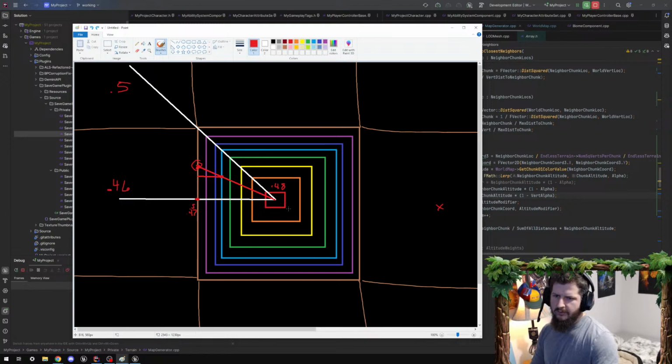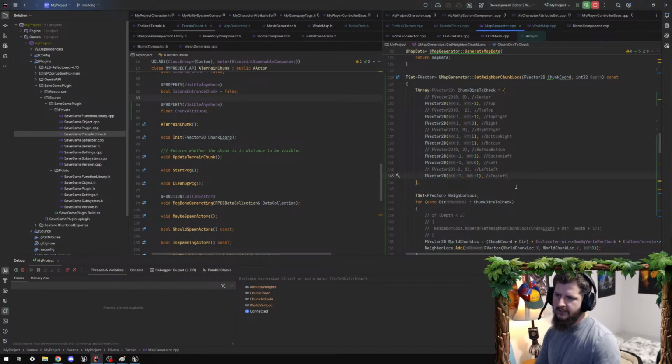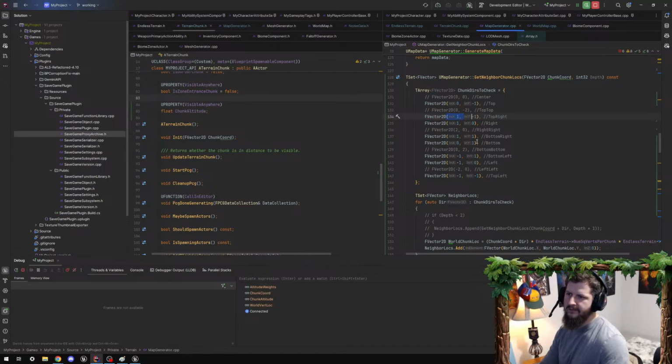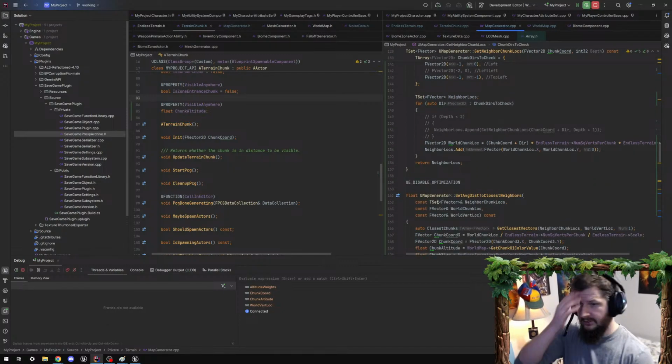How do you choose the neighboring chunks for a vertex? Yeah, so I just have this function. Each chunk has a coordinate. And then top is in the -y direction, top right is x plus 1, y minus 1. Right is x plus 1, y plus 0, and so on and so forth. So I definitely have the correct neighbor chunks.